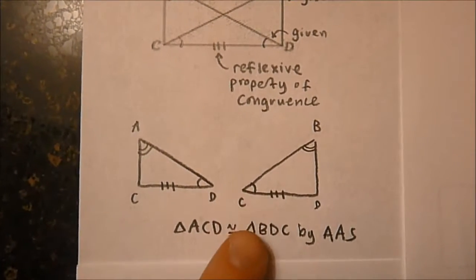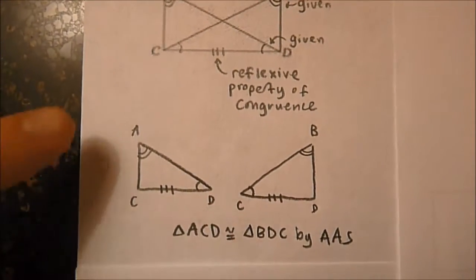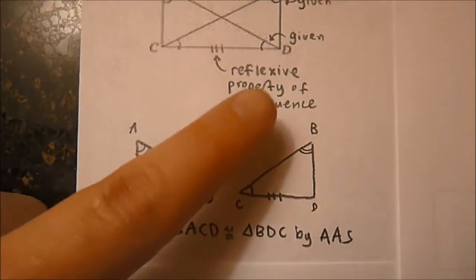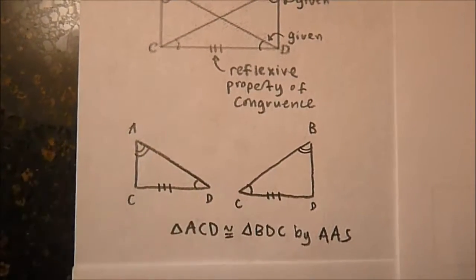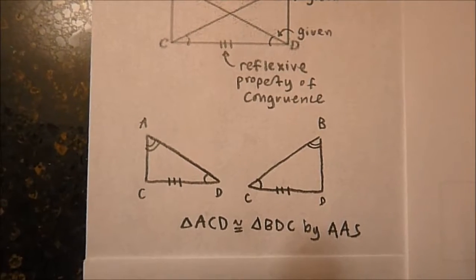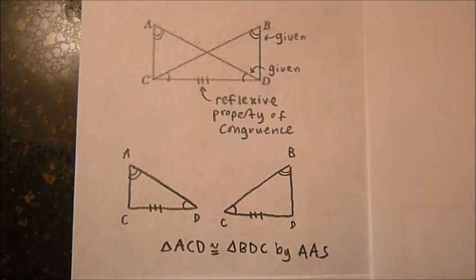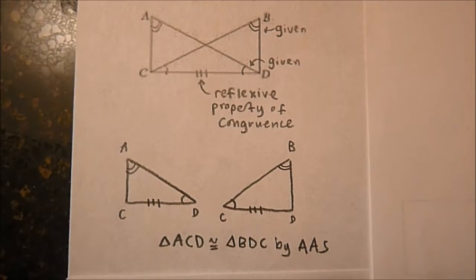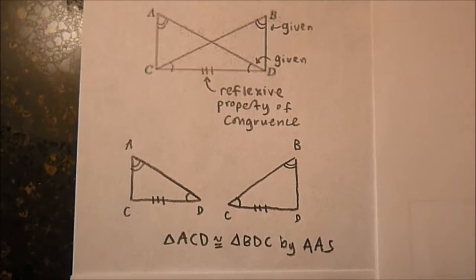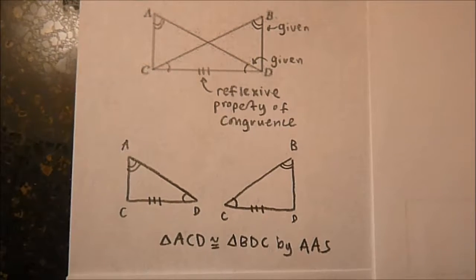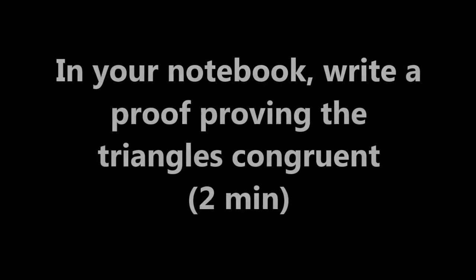So I just wrote a little note to myself to help me keep things straight that ACD is going to ultimately be congruent to BDC by AAS. Go ahead and write a proof up to proving the triangles congruent for these two triangles. Take the next 2 minutes to do that on your own.